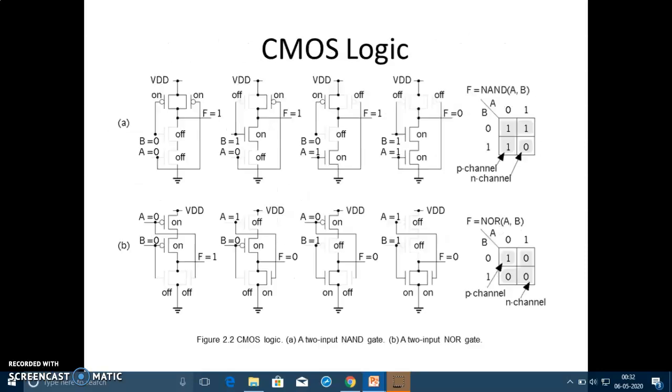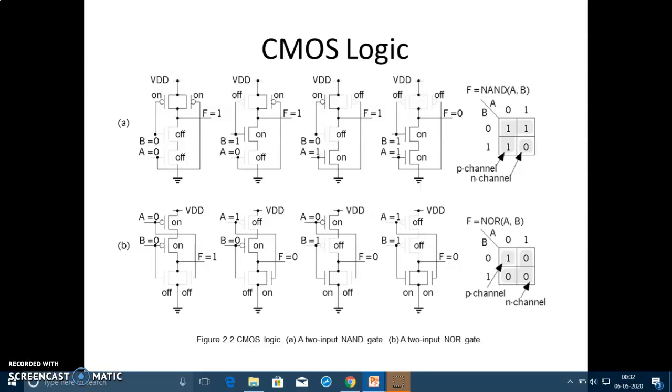Next, in CMOS logic, PMOS and NMOS are used in combination. That is, two PMOS transistors in parallel and NMOS transistors in series make the gate act as a NAND gate, and we get the NAND function. Also, two PMOS transistors in series and NMOS transistors in parallel give the NOR function.